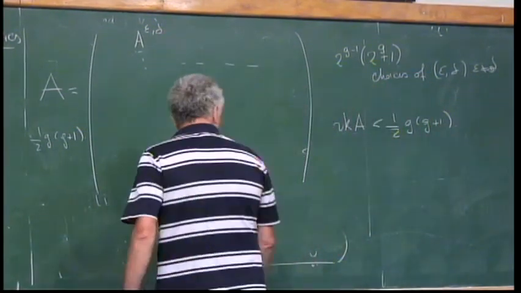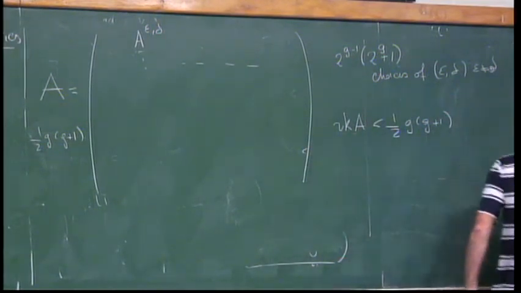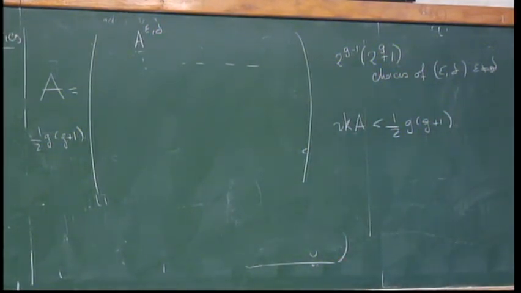But now, how can I get the matrix A? If you remember, I defined the matrix at the beginning.